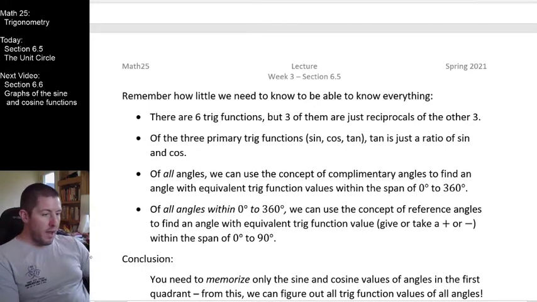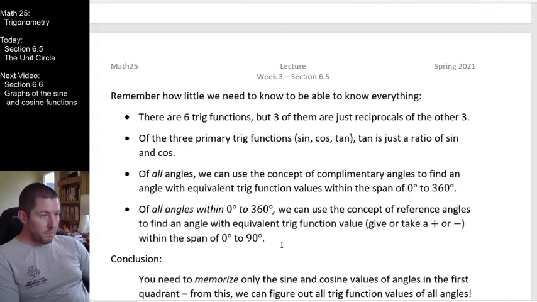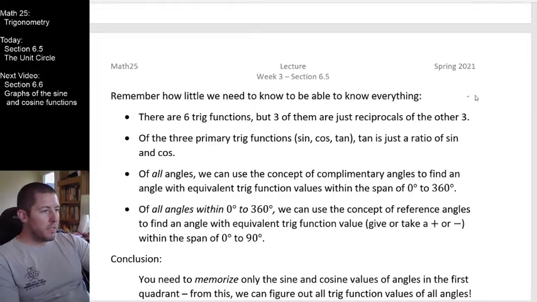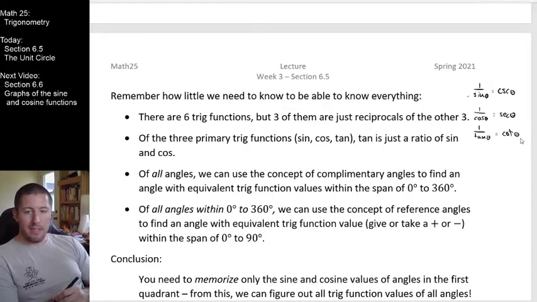One thing I know here is that 1 over sine is cosecant. 1 over cosine is secant. 1 over tangent is cotangent. So that's the first bullet point saying, technically you need to know 6, but really 3 of them just come from the other 3. So that's not really a thing.